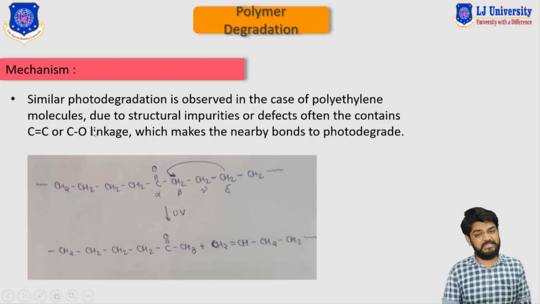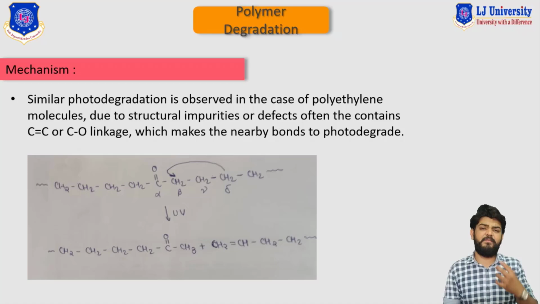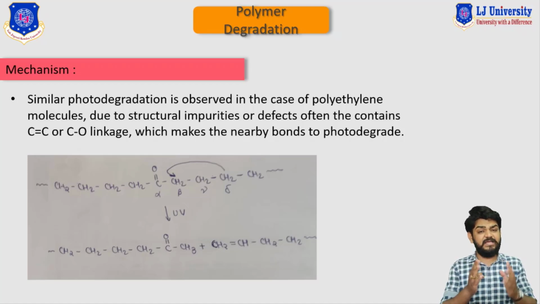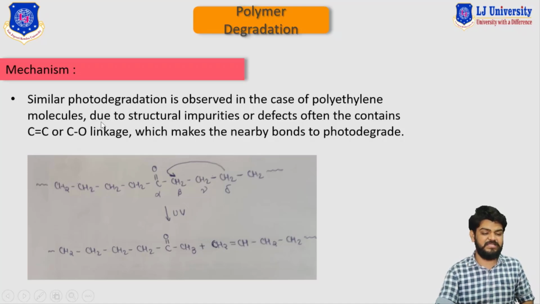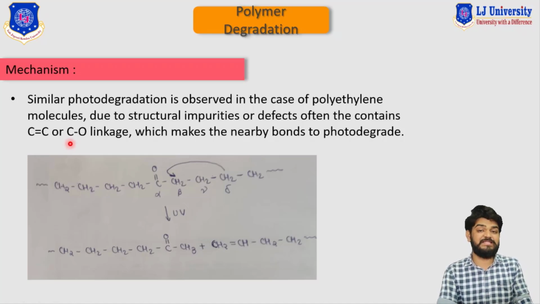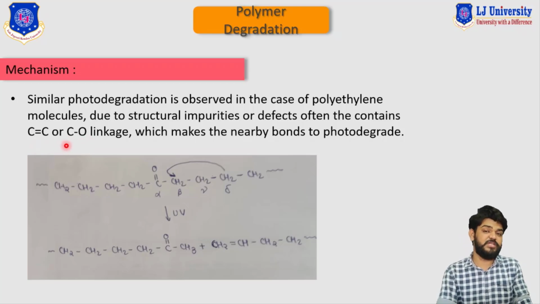Well, the answer is very simple: this polyethylene is not in its pure state. Some amount of impurities is always present in the polyethylene, and these impurities are responsible for the extra linkage of C double bond O or C double bond C. As you can see here, the impurities present in the polyethylene are responsible for the makeup of such bonds, that is C double bond C and C double bond O. We know very well that polyethylene is a linear polymer like this, in which CH2 units are connected with each other.